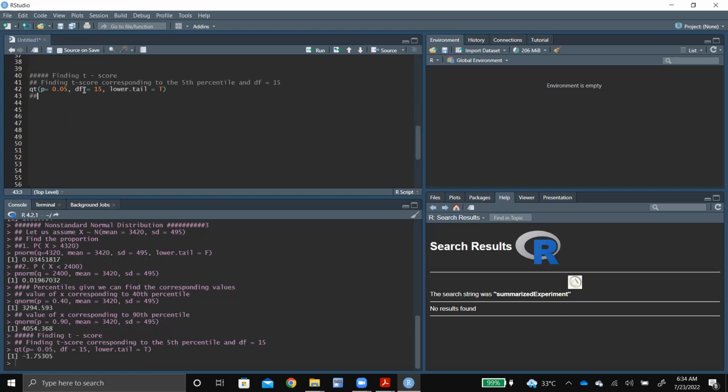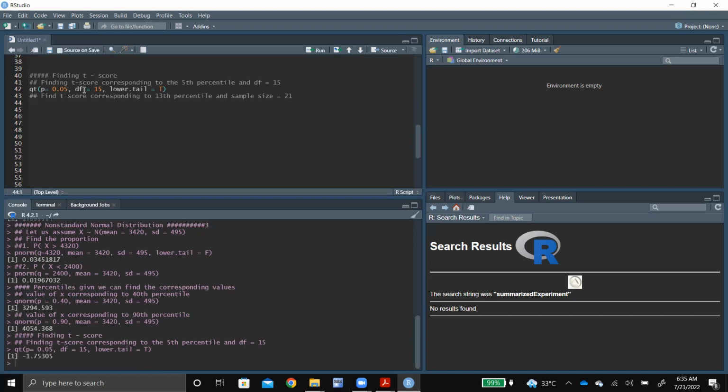Let me give another example. We need to find the t-score corresponding to the 13th percentile and sample size equal to 21.